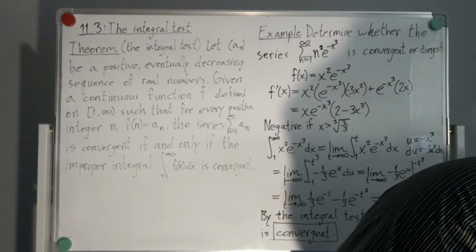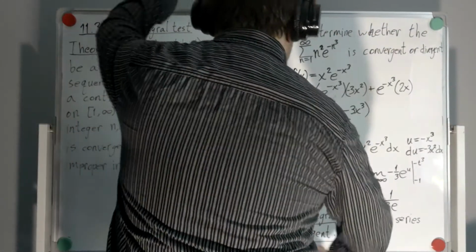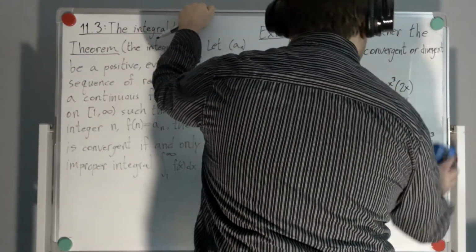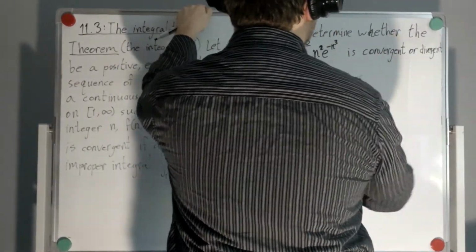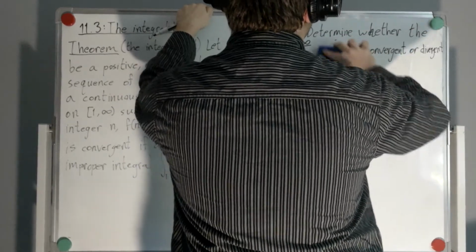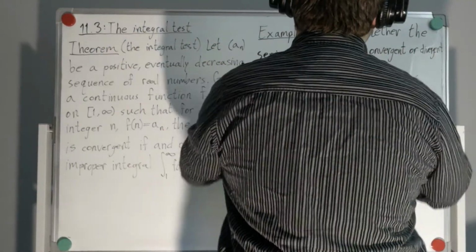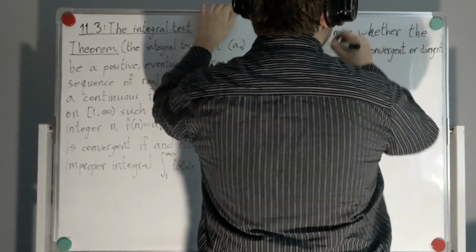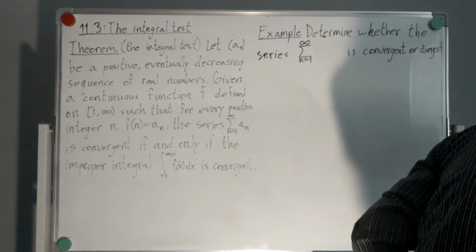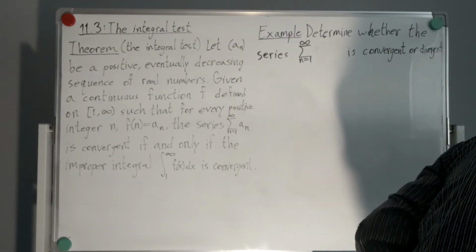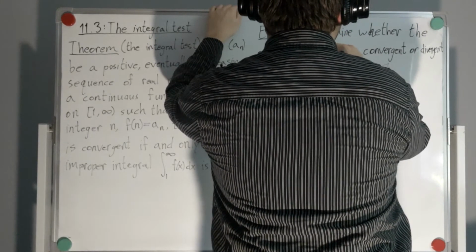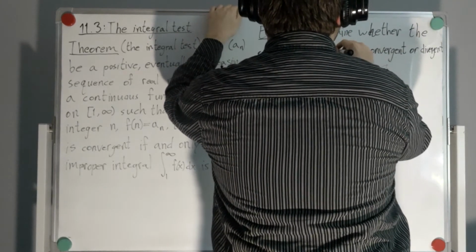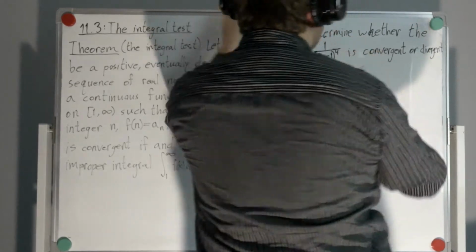All right, let's do another one. This one asks for the sum from n equals 1 to infinity of 1 divided by (3n minus 1) raised to the 4th power.